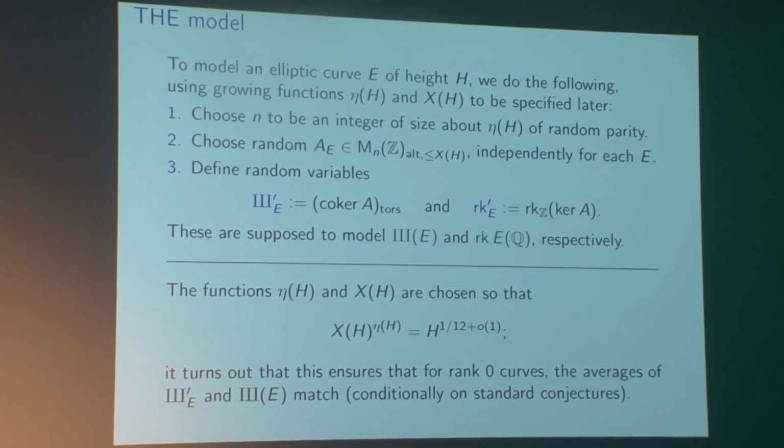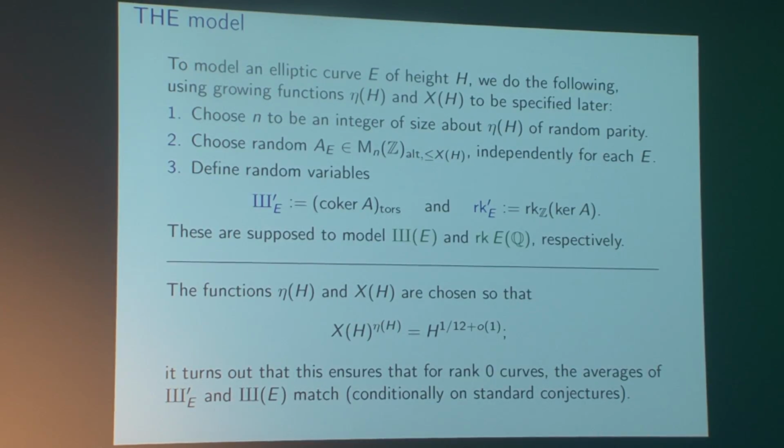This model is not complete because I haven't told you what these growing functions are. But you can figure out what they should be because there are some known theorems about how the Shafarevich-Tate group grows in a family, for example, in the family of rank 0 curves. There are theorems you can prove, conditional on standard conjectures, like the generalized Riemann hypothesis.